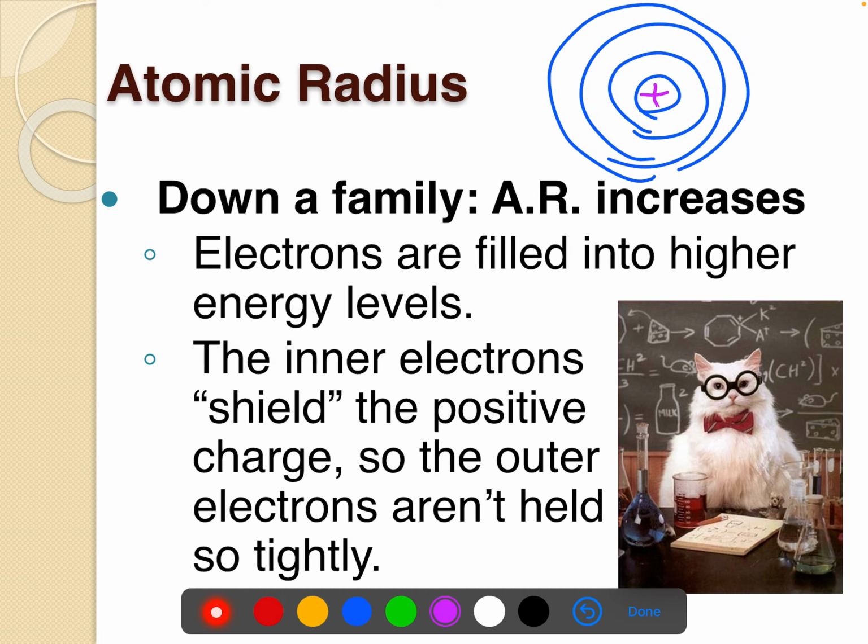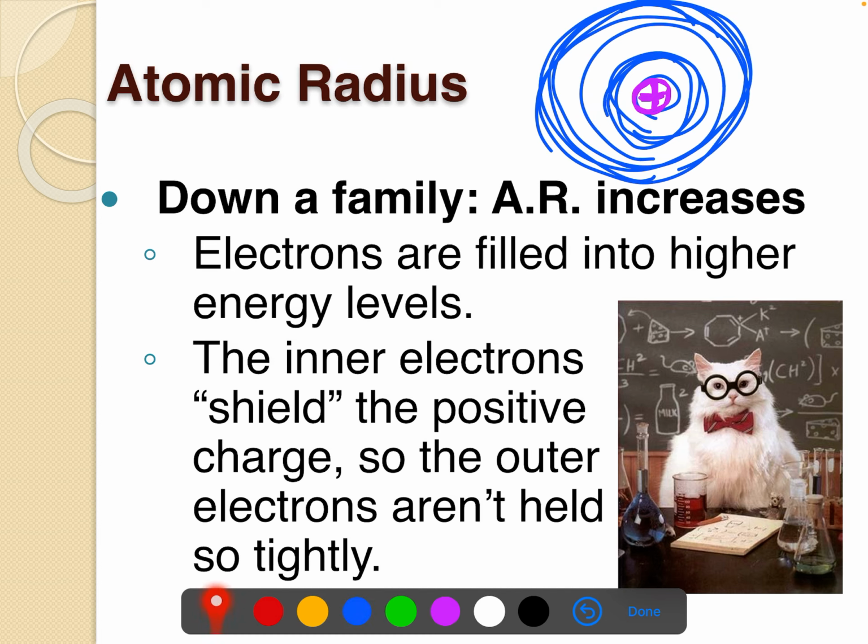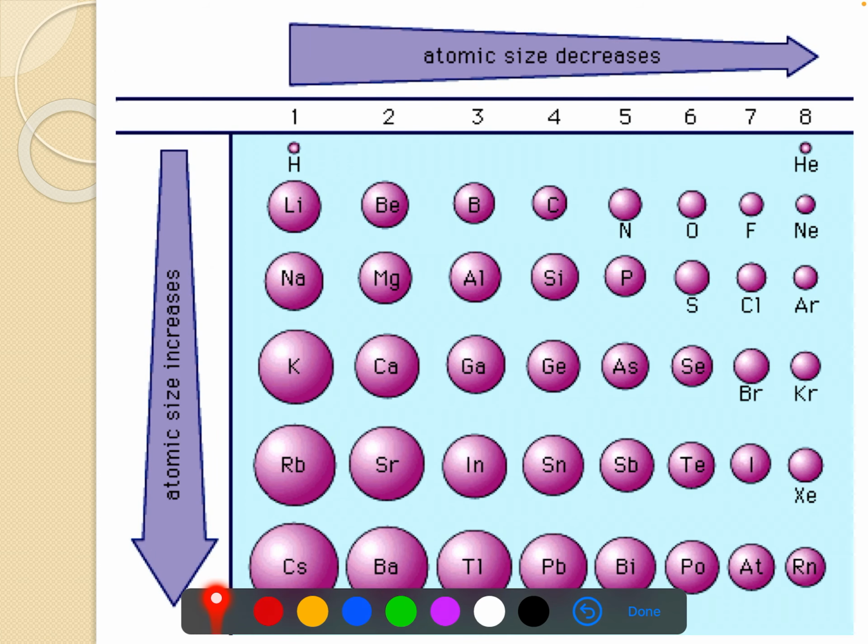If you have your nucleus in the center of the atom and the nucleus is positive, these inner electrons help to shield the outer electrons. Shielding just means that they get in the way of that positive pull of that charge. So they're shielding these outside electrons so they're not held as tightly. And this is another reason why atomic radius will increase.